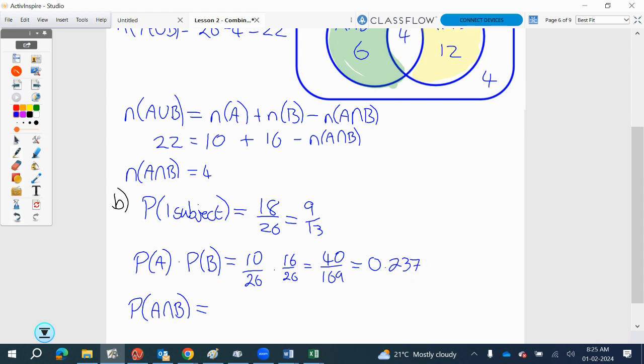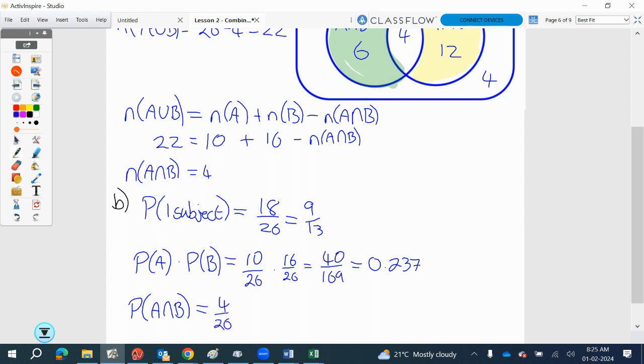Guys, try it again, get this number. What is the probability of A intersection B? Try to pay attention. 4 over 26.